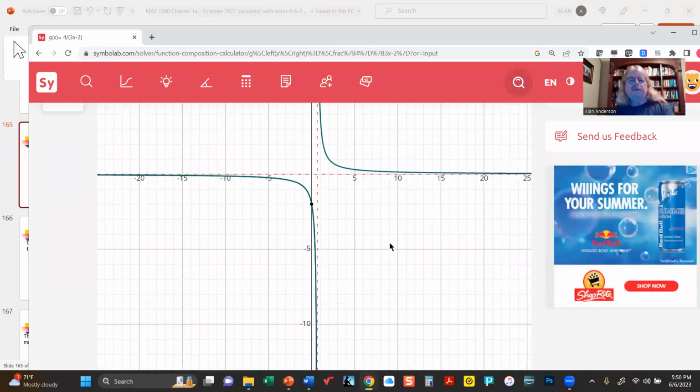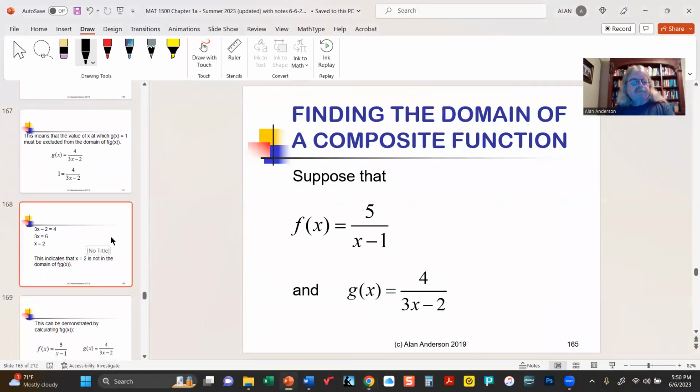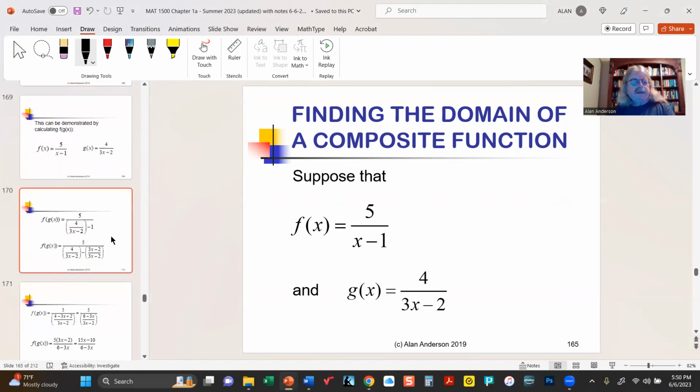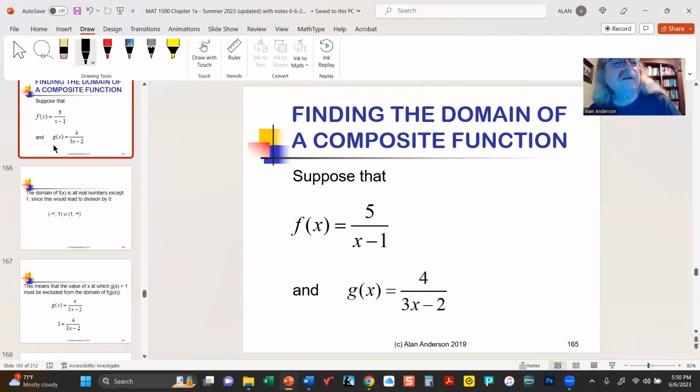Again, discontinuity. So let's actually solve for f of g of x. This is good practice. Let's solve for f of g of x and see what it looks like.